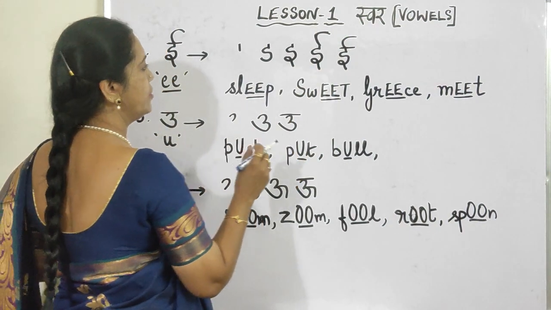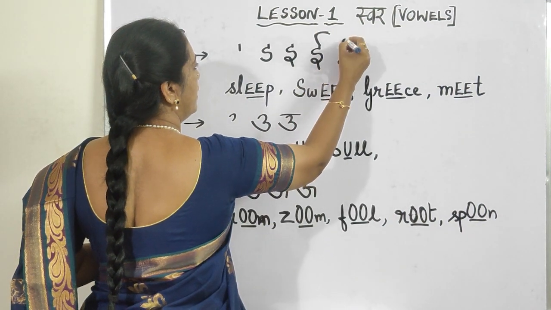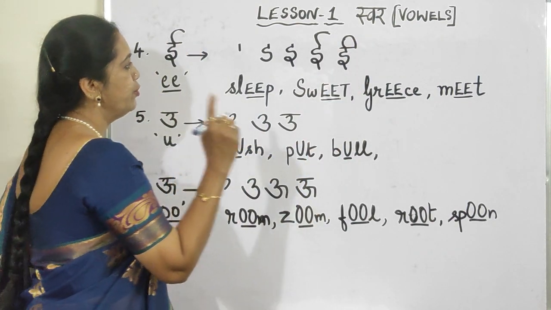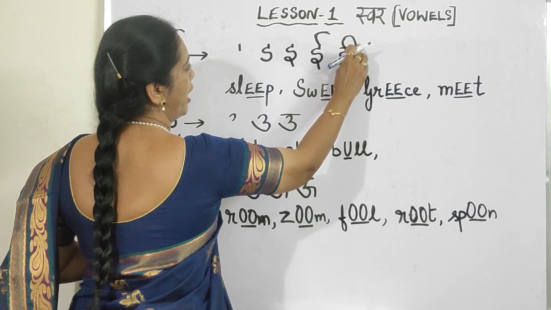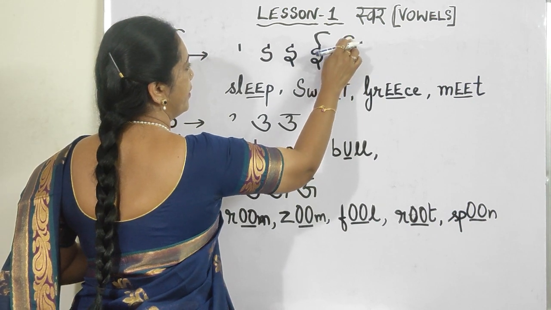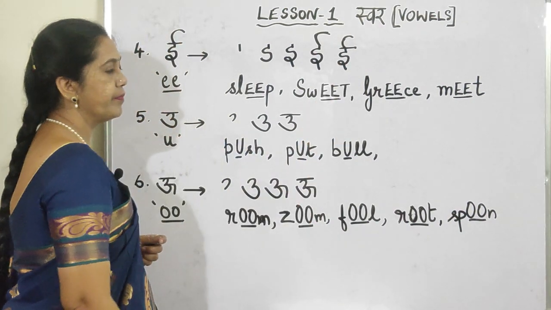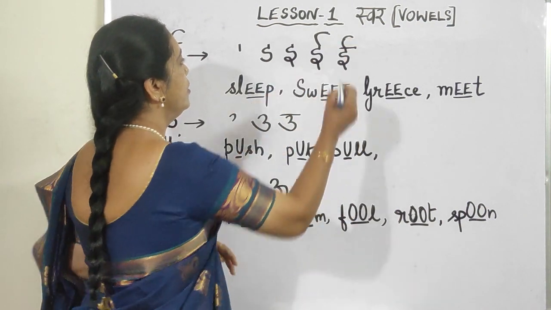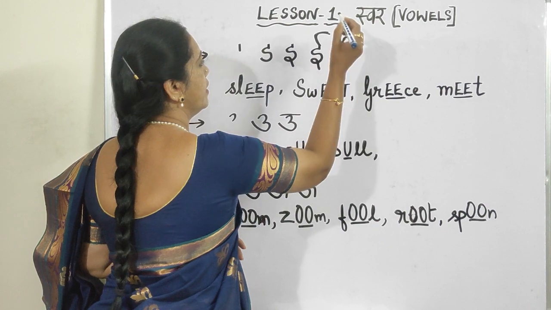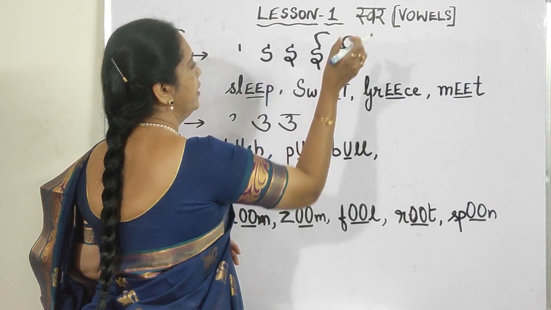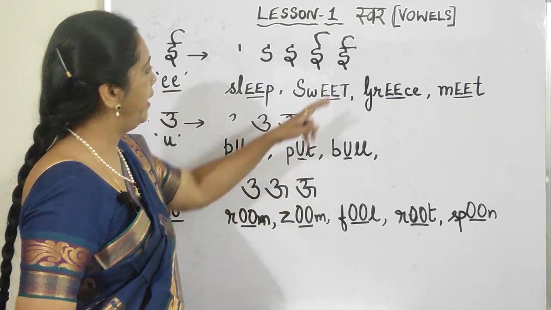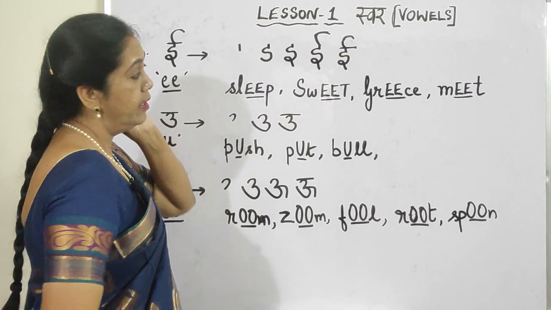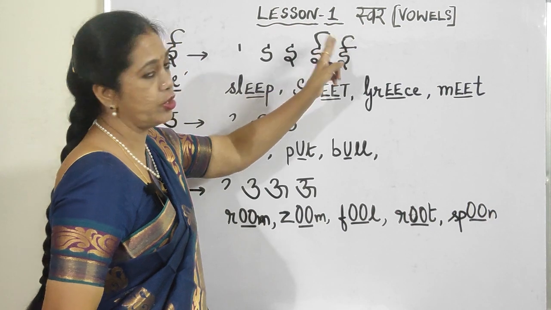I've seen many children come here and join it like this, which is wrong. You should not bring the line down; it should stop there. There should be a gap between the line and the hook ending. At maximum you can bring it till here, not below that. So see that you don't bring it down. So this is the letter, with the hook.